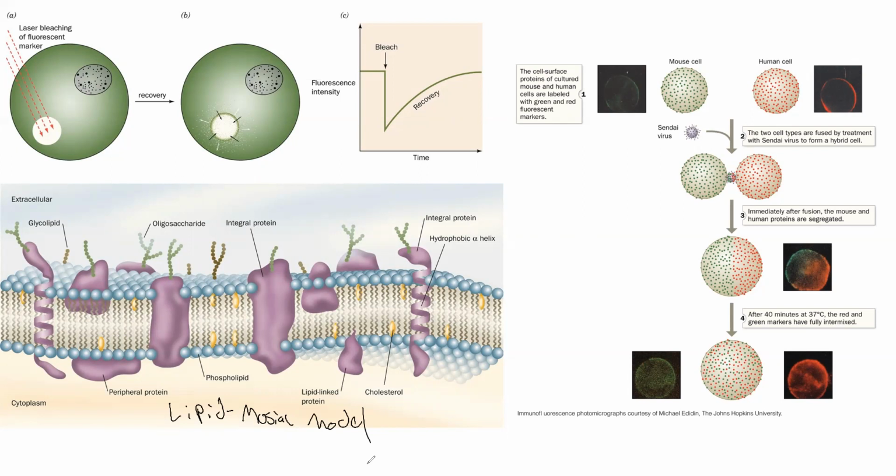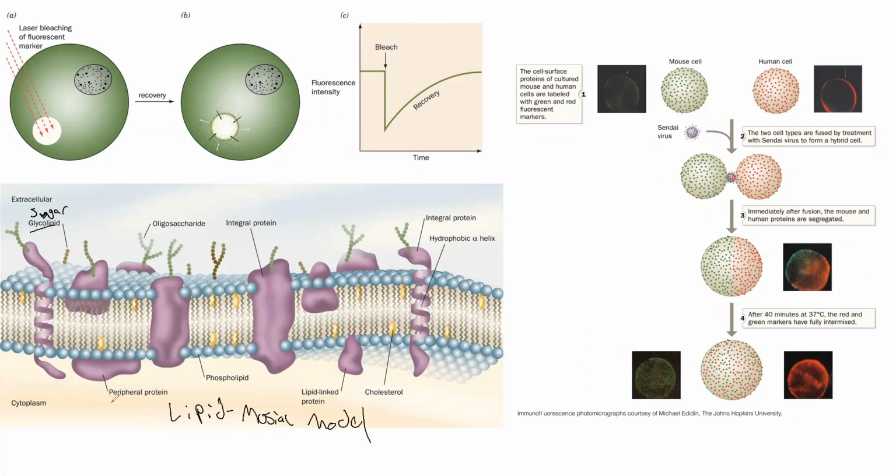Here we can just see how varied our membranes can be. So here we have some glycolipids. Remember, glyco means sugar. So that is just showing that some of our lipids have sugar on them, and these are usually on the extracellular portion. We use these for signaling.